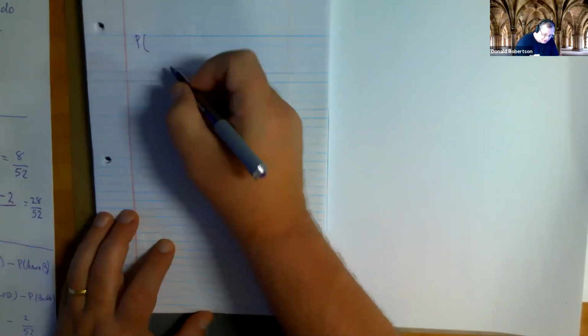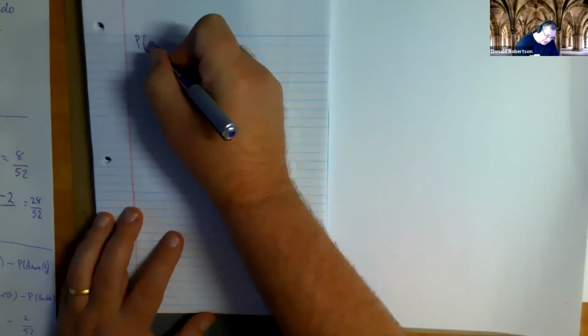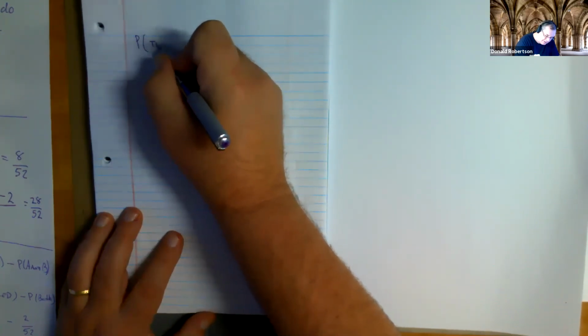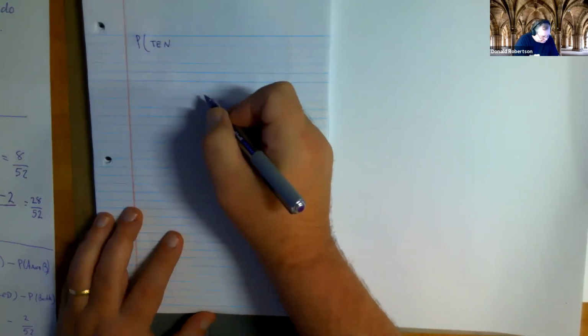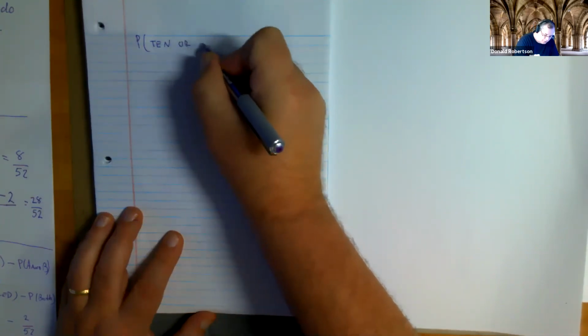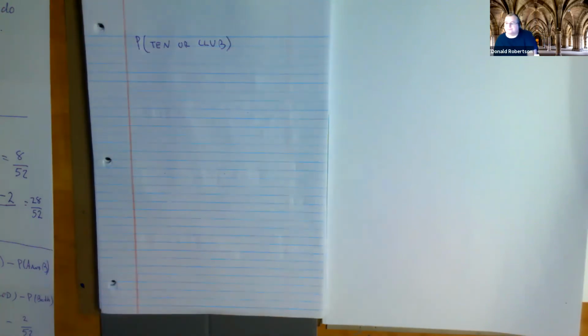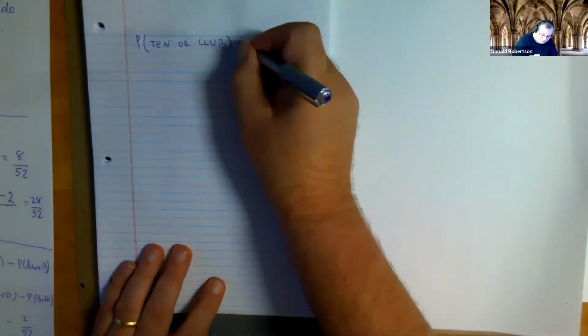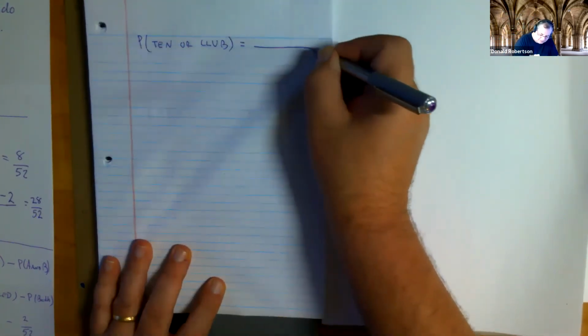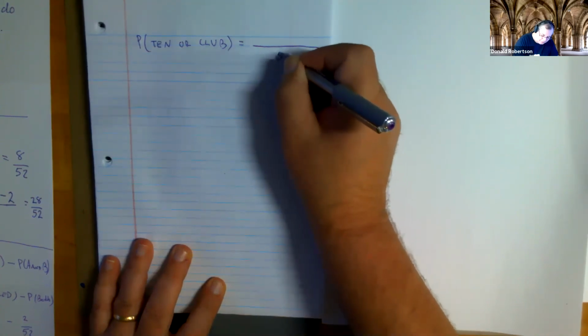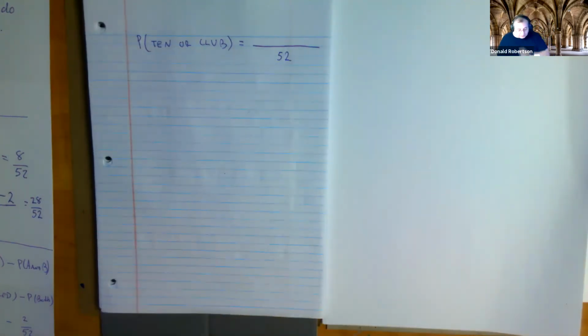What's the probability that you get a 10 or a club? Now, the way I do the formula is I just combine them into a single thing, right?